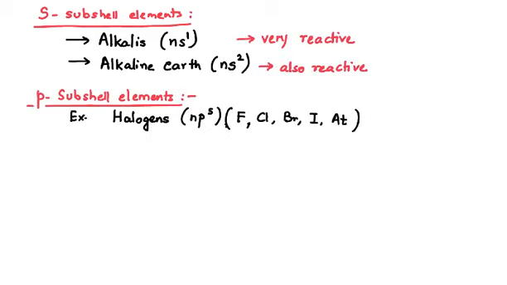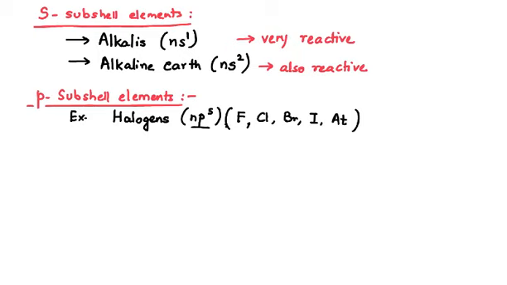One example of p subshell elements is the halogens, which have the configuration np5, and the examples can be fluorine, chlorine, bromine, iodine, and so on. The p orbital can take 6 electrons, but if you notice, it lacks one electron.